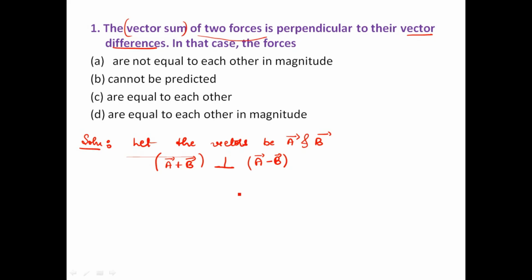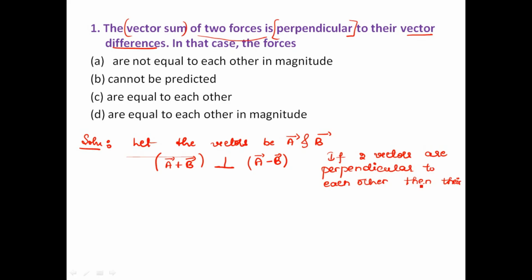So if two vectors are perpendicular to each other, what about the dot product of two vectors? If two vectors are perpendicular to each other, then their dot product is equal to 0.